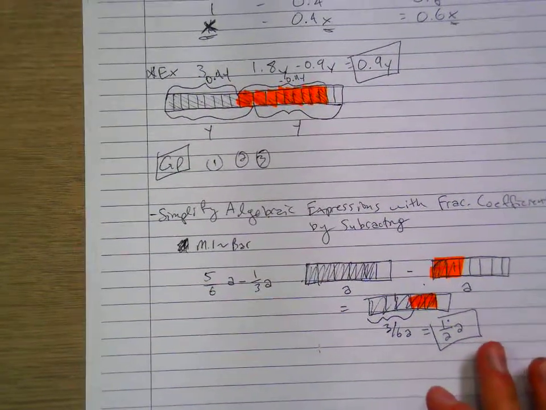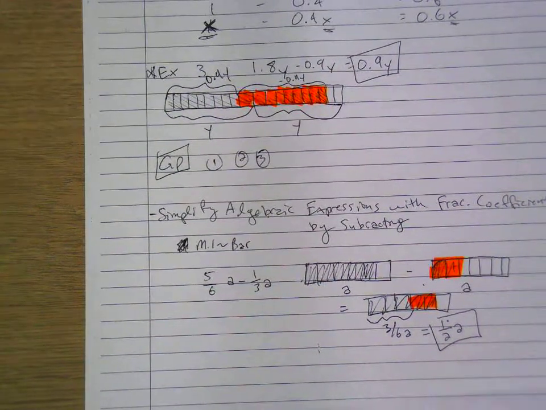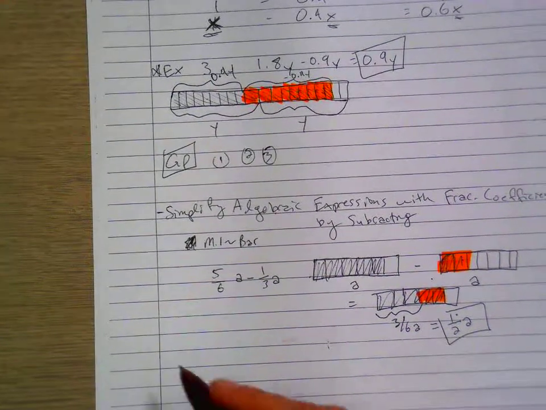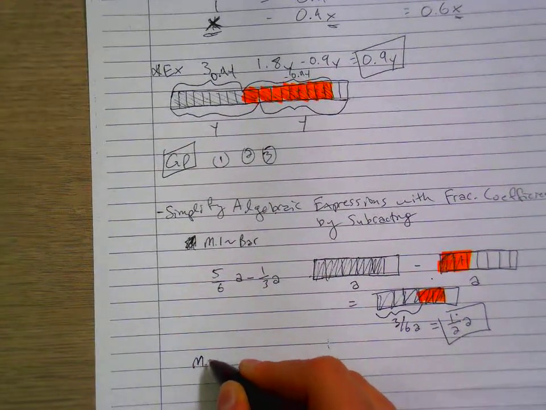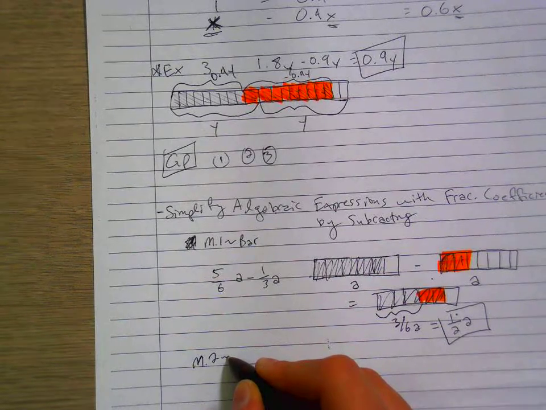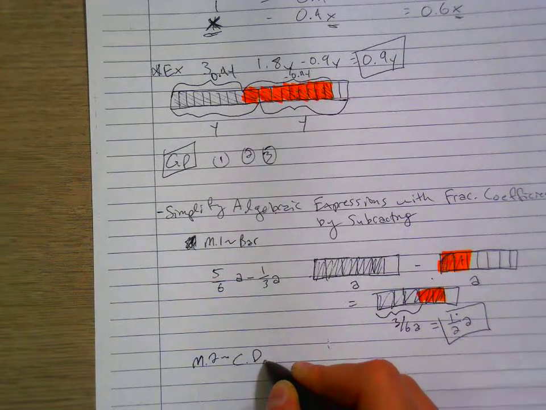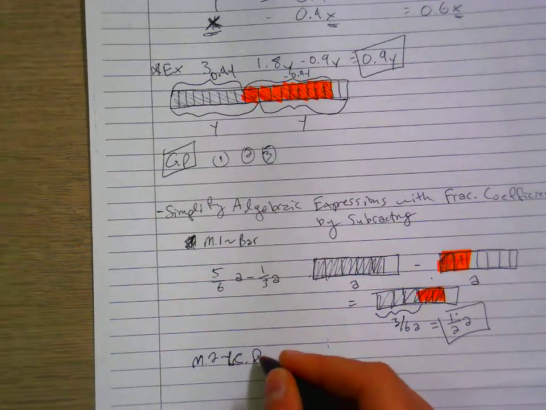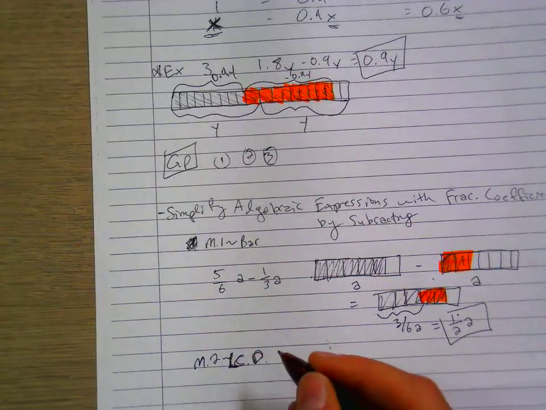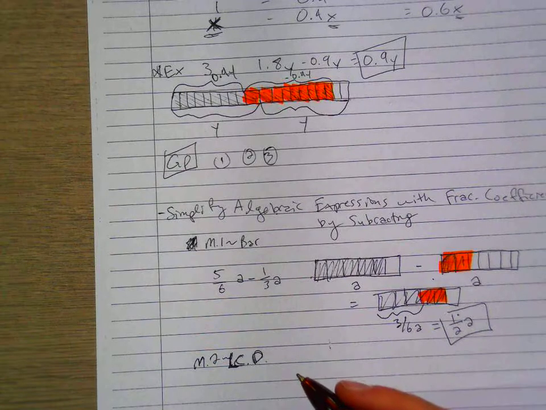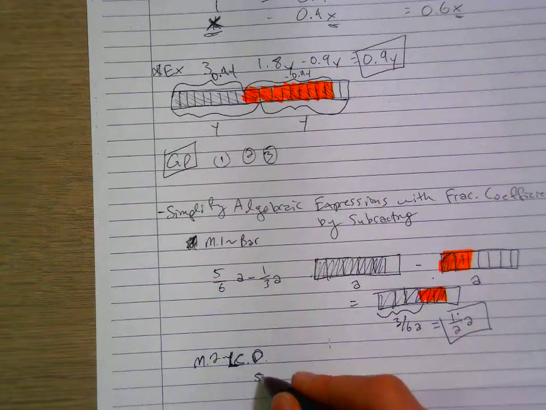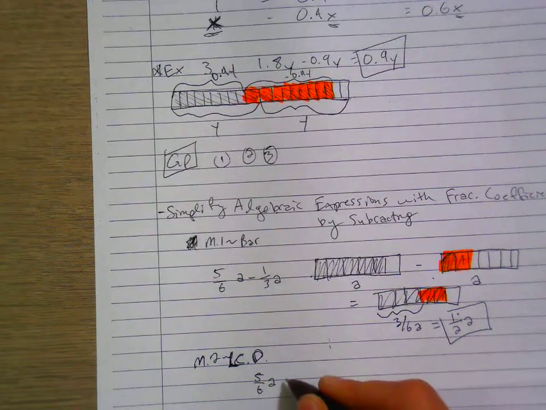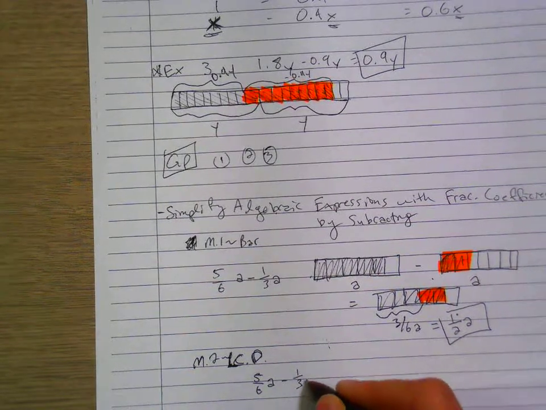Let's try it with another method. So here is method 2, which is common denominator, or we could say least common denominator, LCD. So let's find the least common denominator of each of them. 5/6, so we have the 6 and the 3. Now the least common denominator of 6 and 3 is 6.